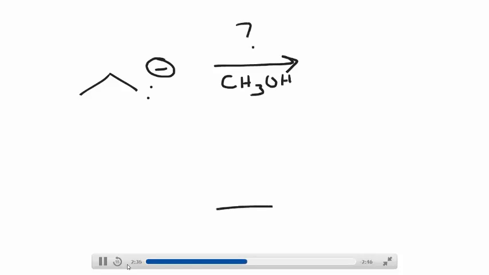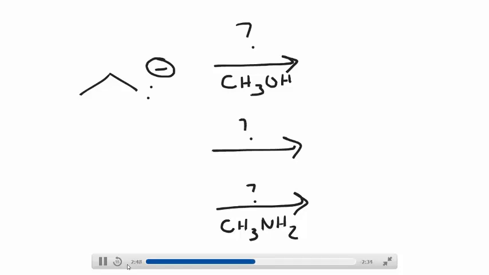But you need to be very careful if you have one of these in solution with either of these types of solvents. In each case, these protons are acidic enough to be removed by this particular base.